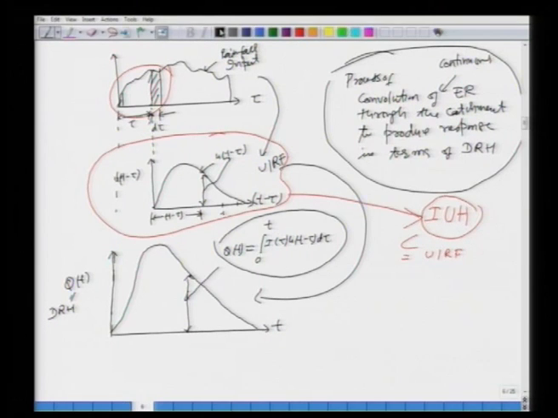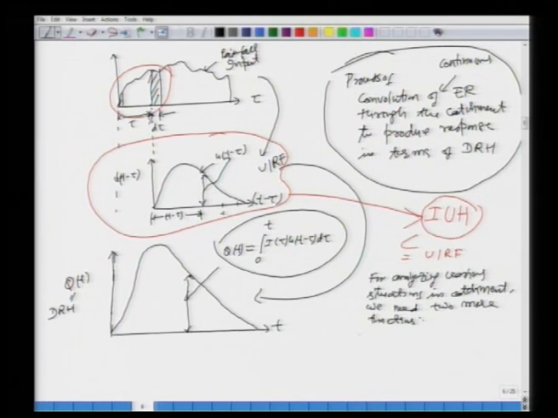All right. So, this is about the unit impulse response function, and for analyzing various situations in the catchment, as far as the hydrograph analysis is concerned, we need to understand two more different types of functions. Okay.